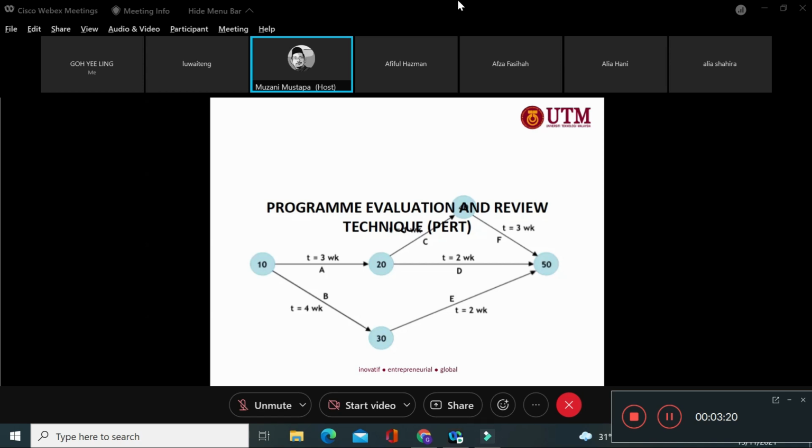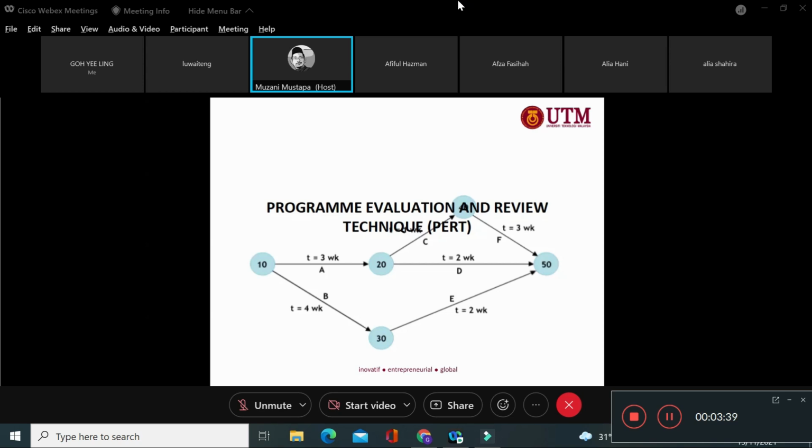The purpose of the dummy line is to represent some logical sequence of activity, to close the loop or to close the whole network.